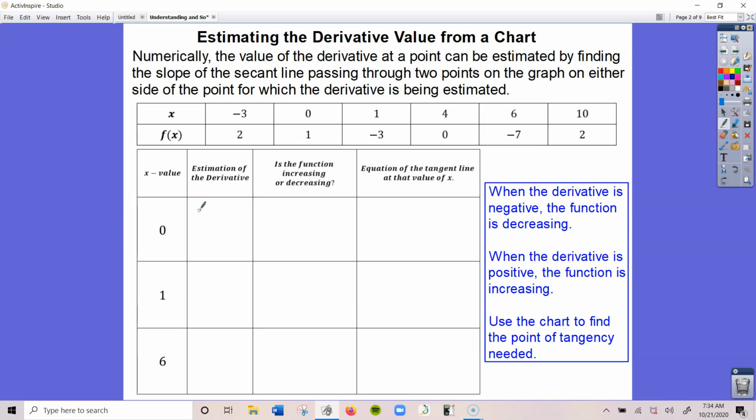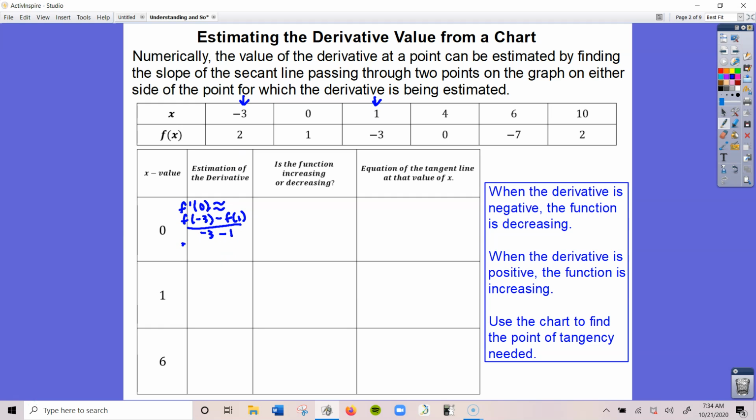So if I want to estimate f prime of 0, I would have to pick the 2 points on either side. Now, when you look at the chart, we're only using chart values. So I would have to choose -3 and 1 in order to estimate f prime of 0. So we would write f of -3 minus f of 1 over -3 minus 1.